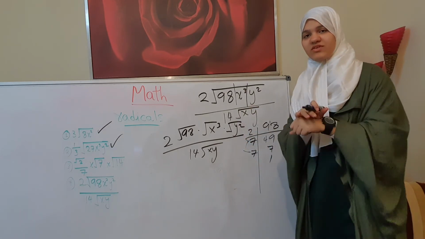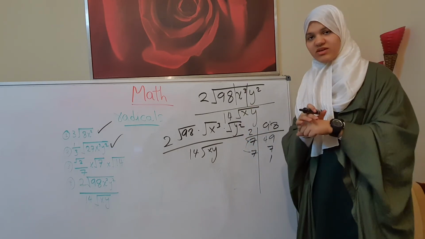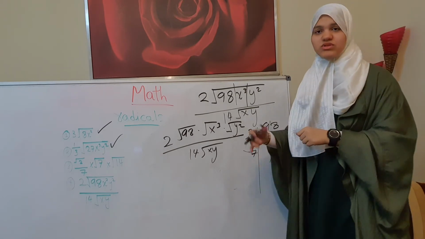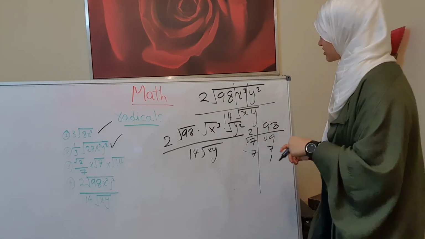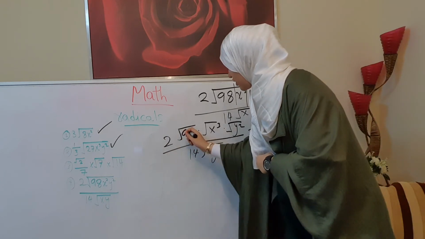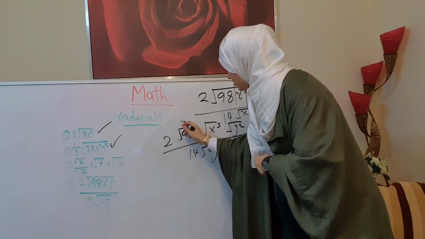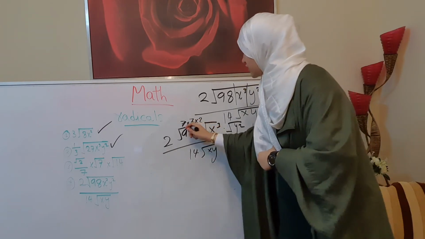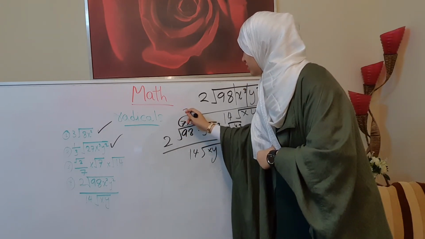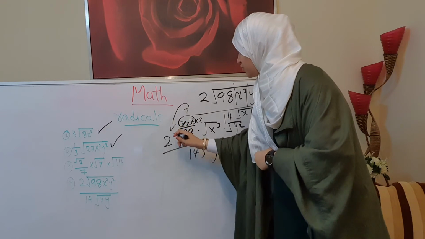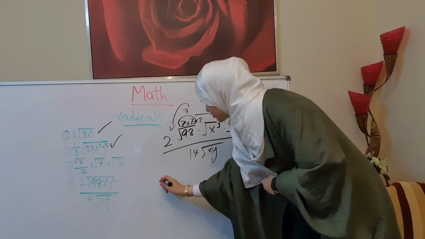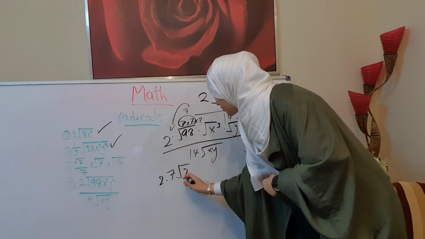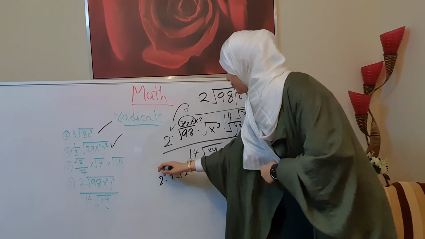So 7 times 7 is the square root of 49, and 98 is 49 times 2. So 7 will go out, and we will take only one 7 from them, and it will go with 2. That means 2 times 7 radical 2. Okay, we solved one part.